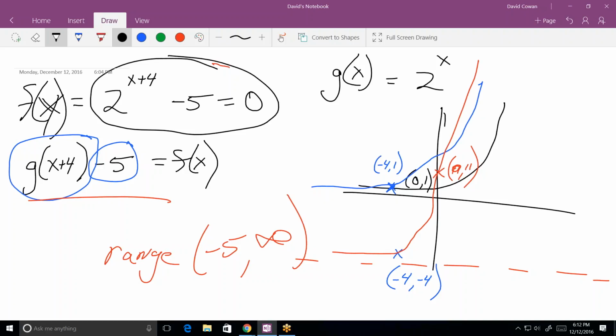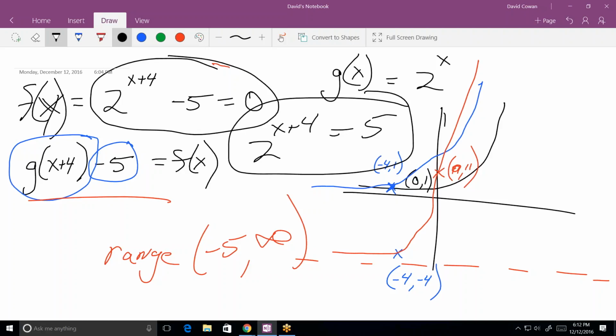Now, that's not the easiest thing to solve. We have to use logarithms to solve it. Because if I'm setting that equal to 0, then I've got 2 to the x plus 4 equals 5. That's an exponential equation. I can't solve that with algebra. I've got to use logs.